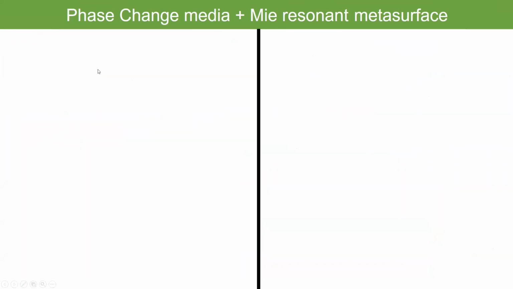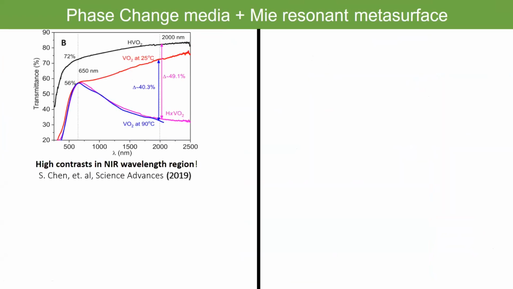This inspired us to look into what this phase transition brings to us from the point of view of nanophotonics. It was observed that there is high contrast in transmission in the near infrared region between conducting VO2 and insulating VO2, and this is what we wanted to exploit.